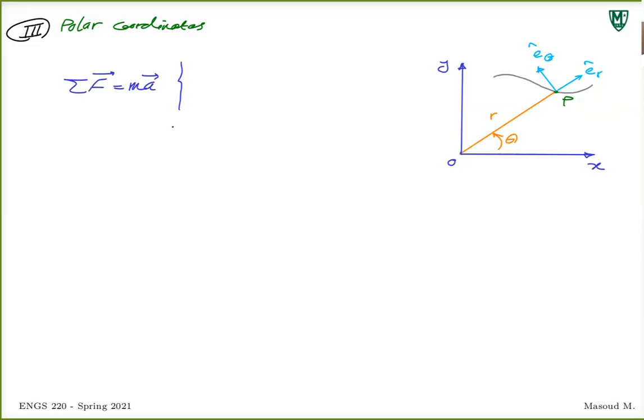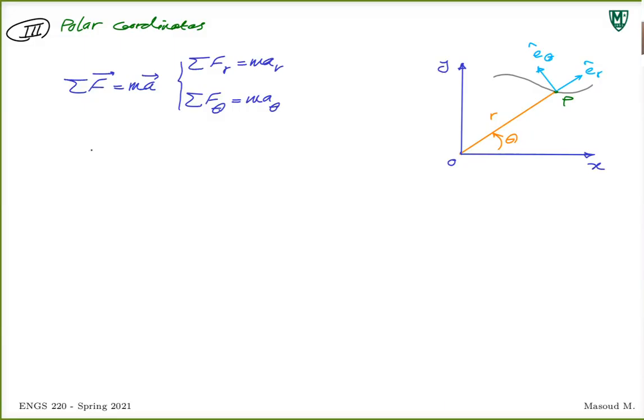Since you are in the polar coordinate system, we can decompose it into 2 equations, one along the radial direction and one along the theta direction. So the summation of forces in the r direction is equal to m a_r, and the summation of forces in the theta direction is m a_theta.